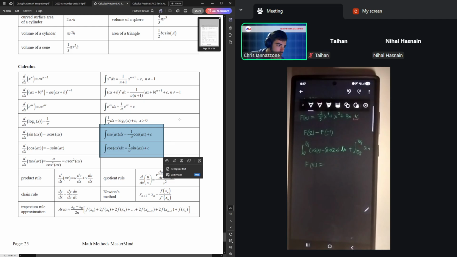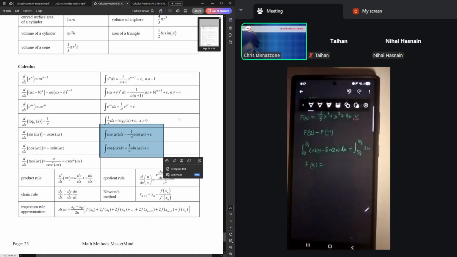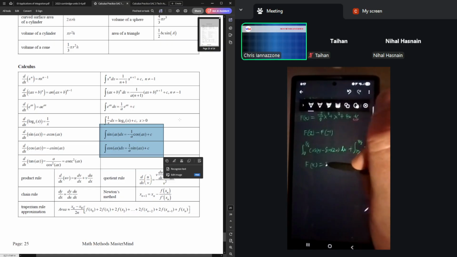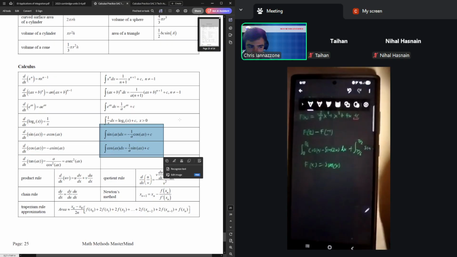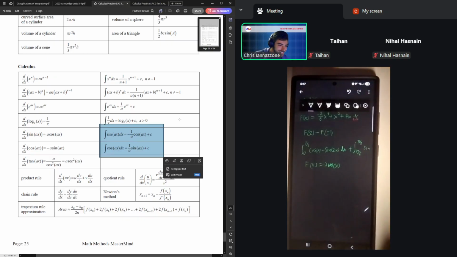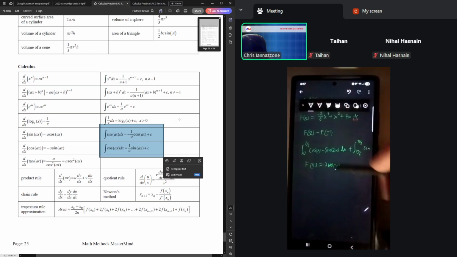So diff of cos will go to negative sine because you're going the other way around. So, yeah, cos will go to regular sine. But this is not a mistake you'll ever make in the actual thing. You'll just look at your formula sheet always, and it'll be there in the SAC or exam, Tech free or Tech active. That's the sine, and then that's the cos into the sine.